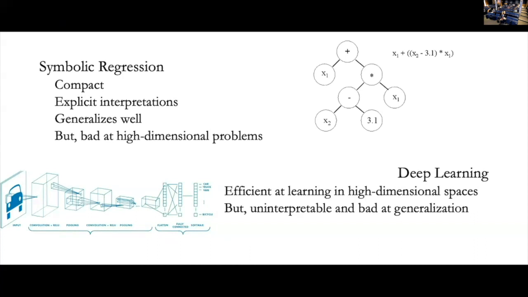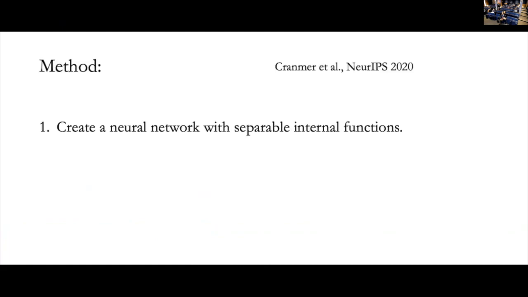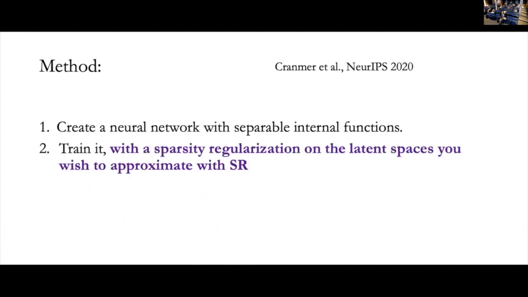So the question that I'm really interested in, and did a lot of work on last year, is: can we combine the strengths of both and reduce some of the problems with symbolic regression? This is our method. I'm not going to go into it in too much detail, but the basic principle is you have a deep model, and when you're training it on some problem, you want to sparsify the latent spaces.